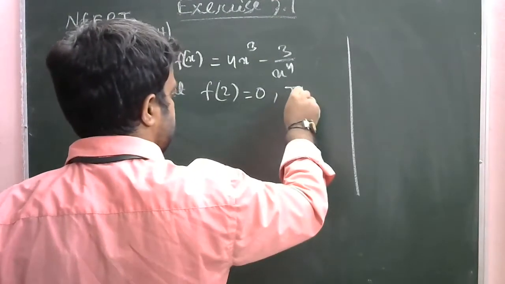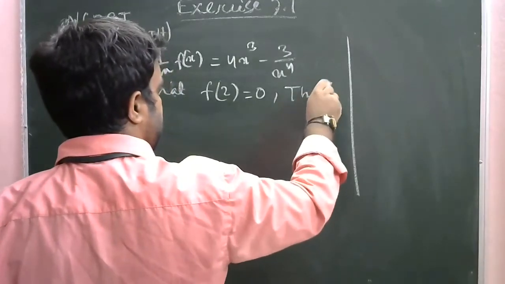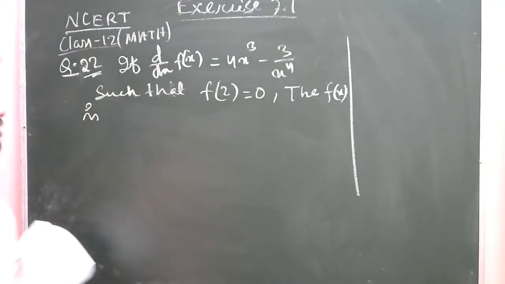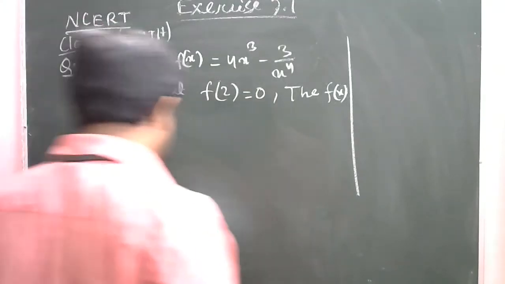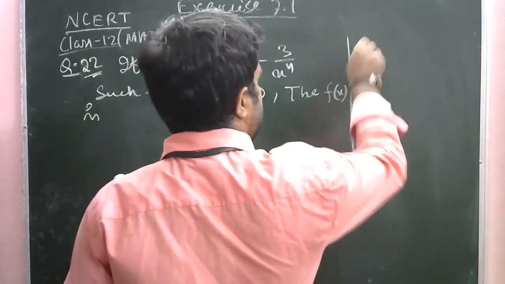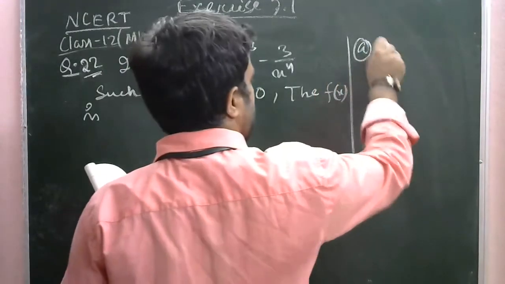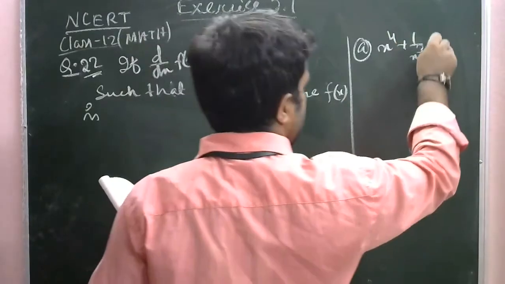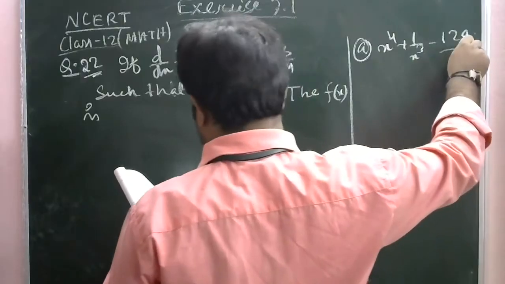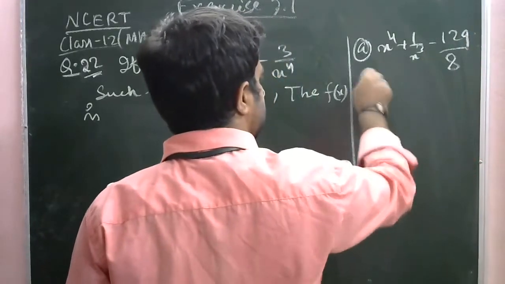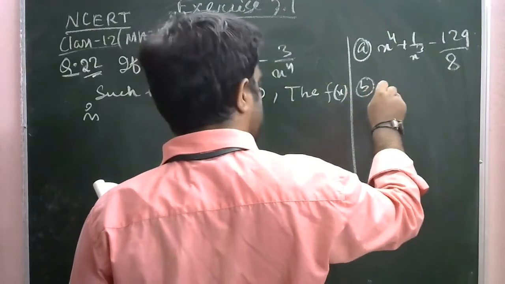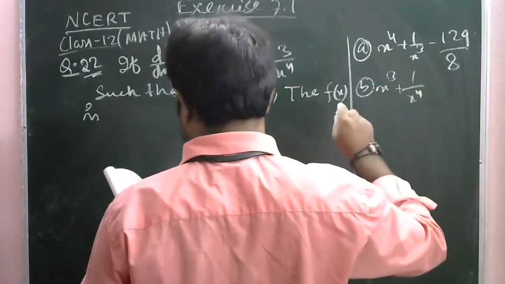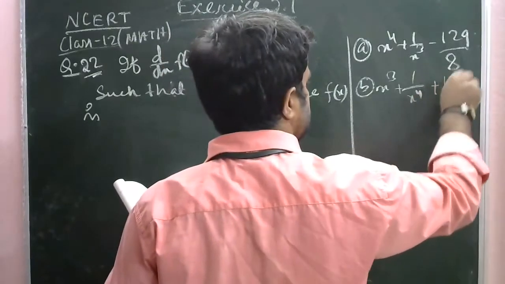So then f of x is... Options are: A, x⁴ plus 1 upon x³ minus 129 by 8. Option B, x³ plus 1 upon x⁴ minus 129 by 8.